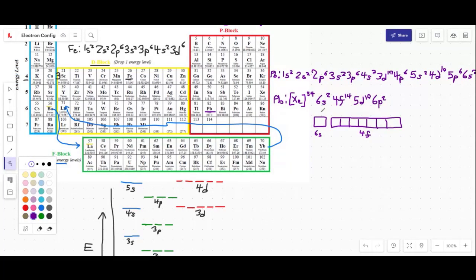Now the 6s says 2, so I can show the electrons by putting arrows. In each orbital, in each box, only one electron can be up and only one electron can be down. Up and down represent opposite spin states. If you think about it like this, in physics, and this is an imperfect analogy, and I don't want to get into the complicated science behind it, but it's still a description that works.